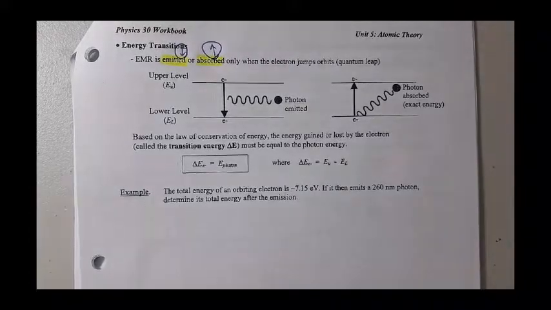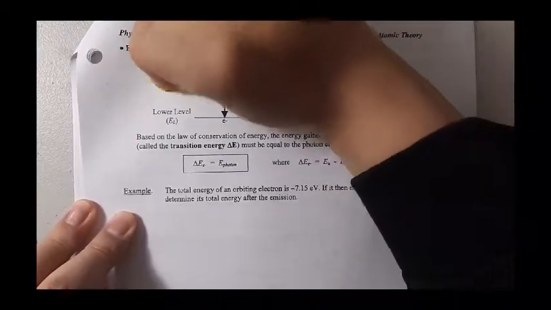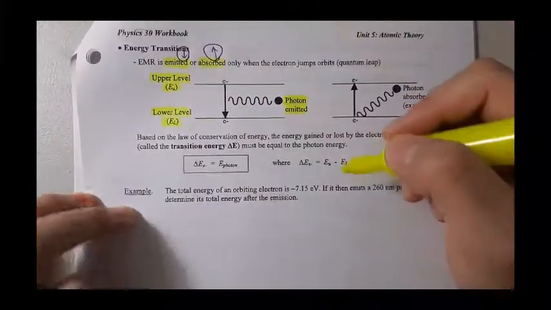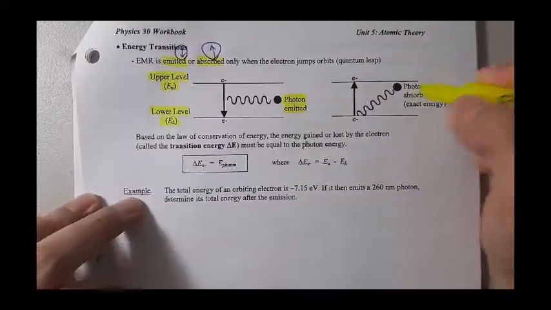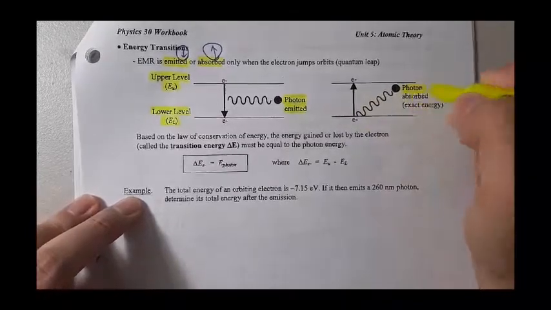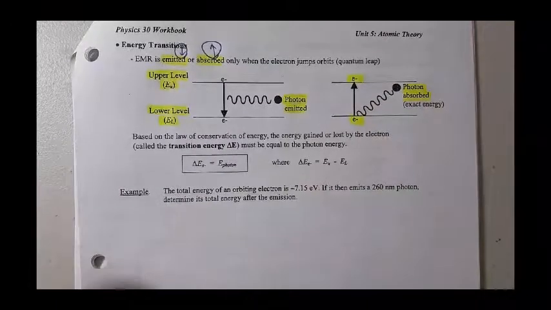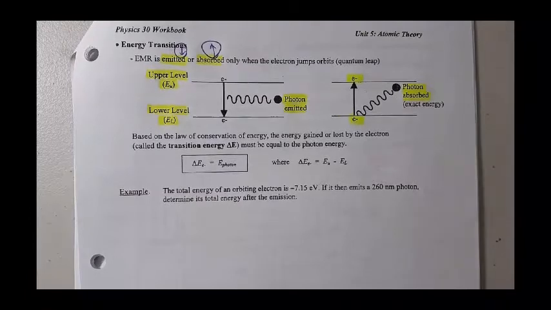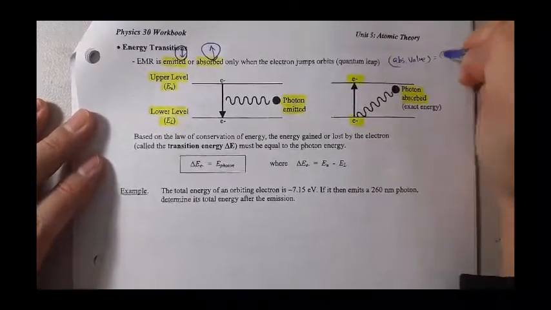So here's the thing. For a photon to be emitted, you have to know the upper energy level to lower energy level, and it should be that specific value. On the other hand, in an absorbing situation, the photon absorbs the exact same difference, except I can just add up the numbers. It's the opposite of subtraction. But long story short, we are going to look at it as an absolute value because the gap is what is important.